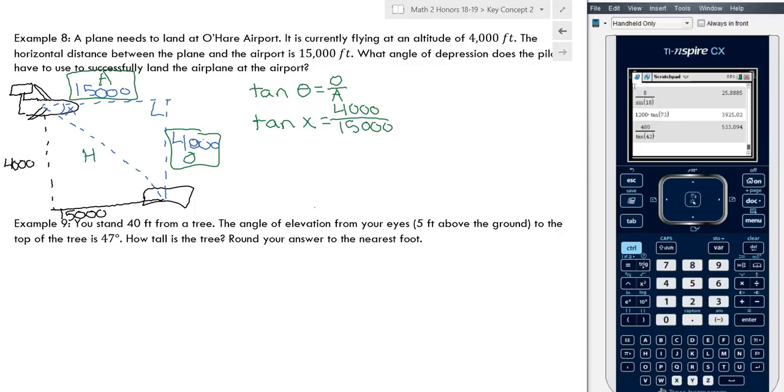Now here, a lot of people want to start trying to put over 1 and multiply, because that's what we do for sides. So just remember that this is solving for an angle. X is here, I need to get rid of tangent, so we're going to do the inverse tangent of both sides.